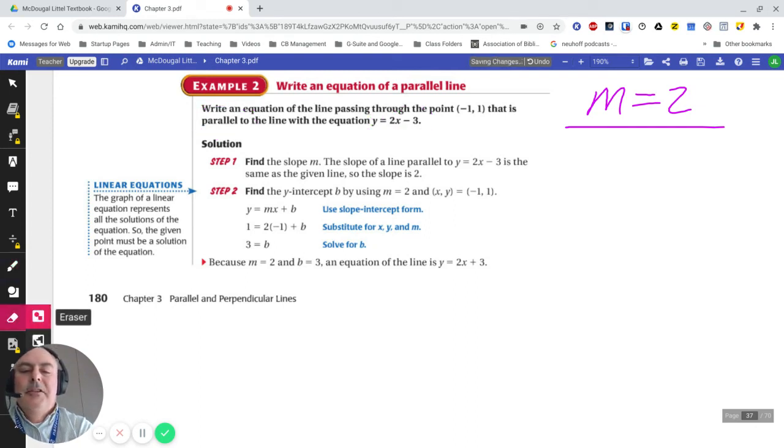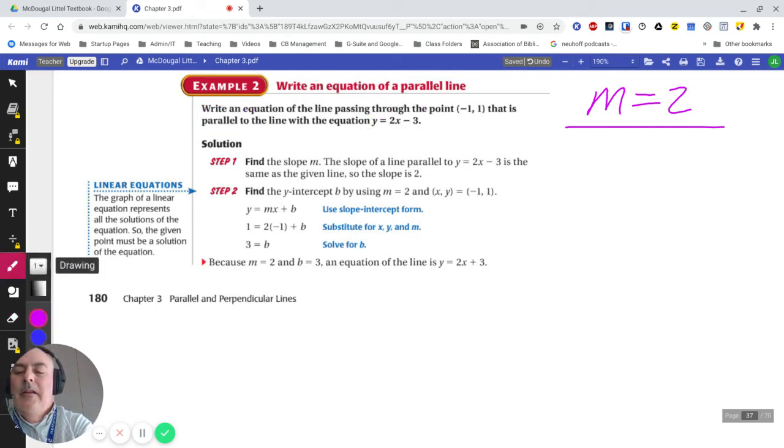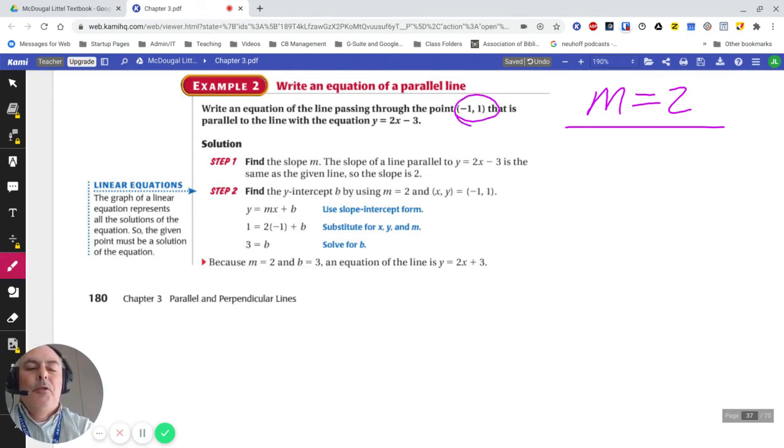The next thing I have to do is solve for b. Well, this one isn't graphed for me, so I'm going to have to take this point and my slope and create an equation where I solve for b. I simply start with y equals mx plus b. I know that -1, 1 is on the line, so I can plug this into my x and y.